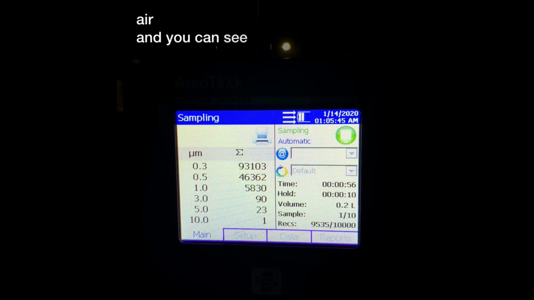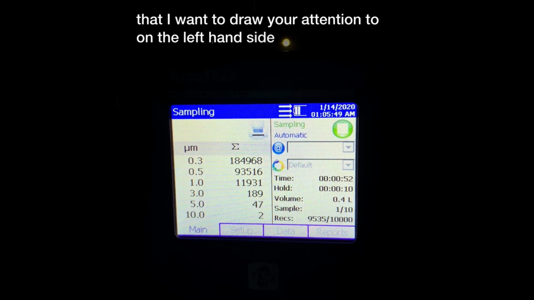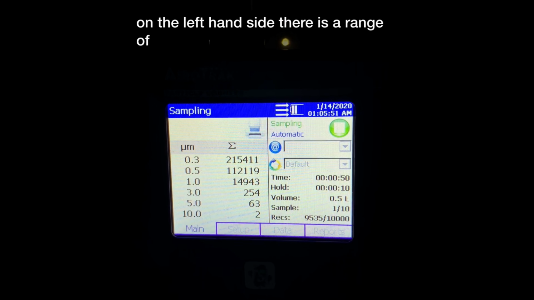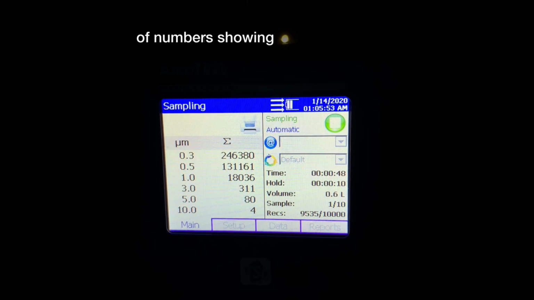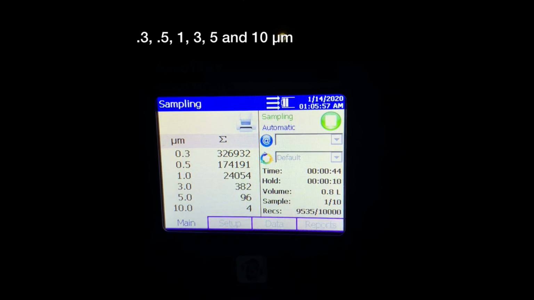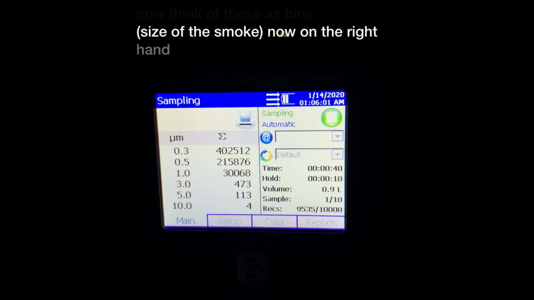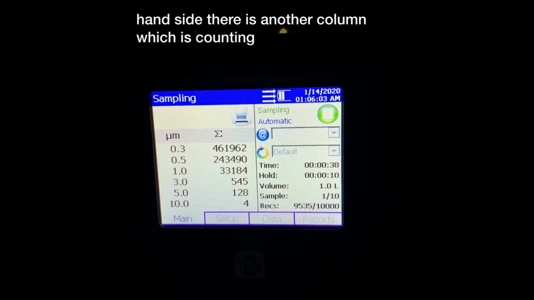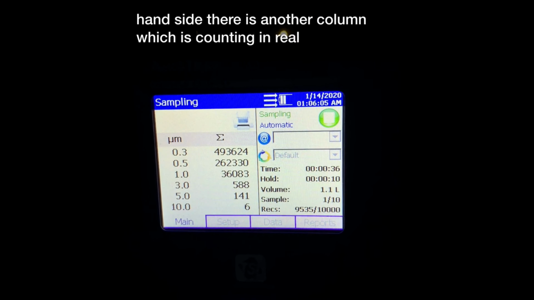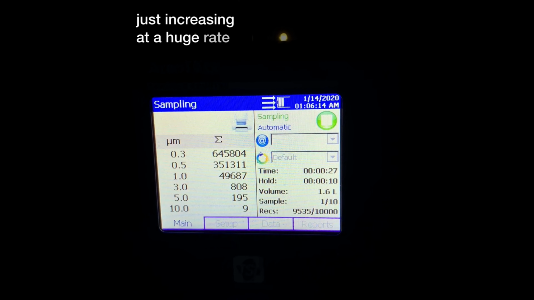And you can see a few things here that I want to draw your attention to. On the left hand side there is a range of numbers showing 0.3, 0.5, 1, 3, 5 and 10 microns. Think of these as bins. Now on the right hand side there's another column which is counting in real time, and you can see that the fine particulate matter is just increasing at a huge rate.